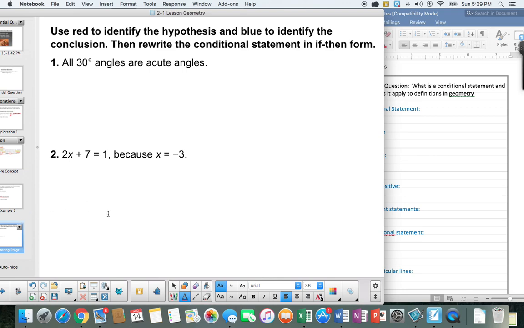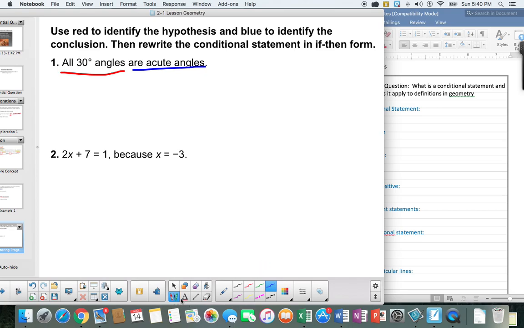All right, use red to identify the hypothesis and blue to identify the conclusion. It would be a good idea if you stop the screencast right now, try these on your own, and then resume this screencast when you think you have the answer. All right, so the hypothesis is always the subject of the sentence, which is this, and then the conclusion is the rest of the sentence.